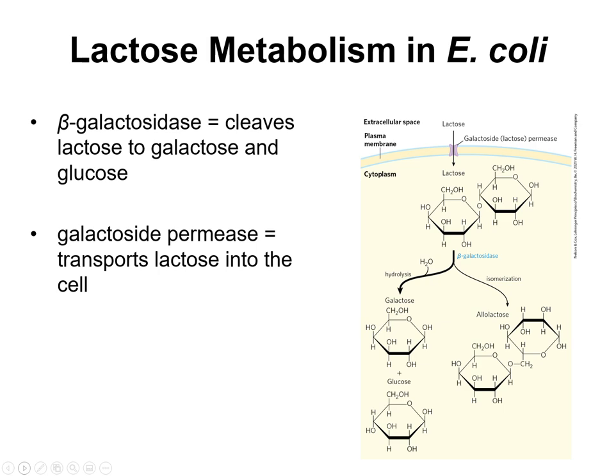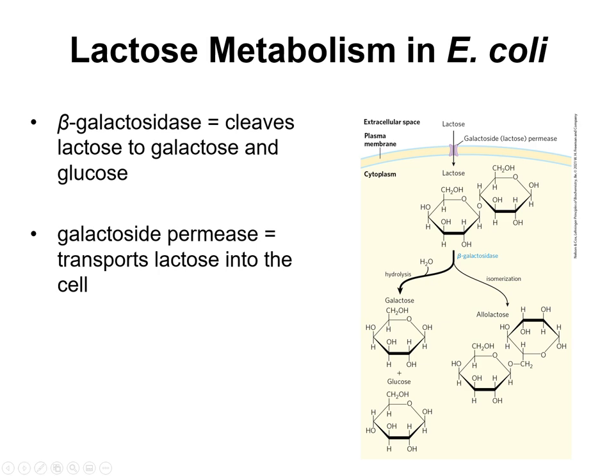Beta-galactosidase is an enzyme that will cleave lactose to make galactose and glucose. There's a channel that is expressed in E. coli that allows for lactose to come into the cell, and that's called galactoside permease. It's a transporter of lactose.